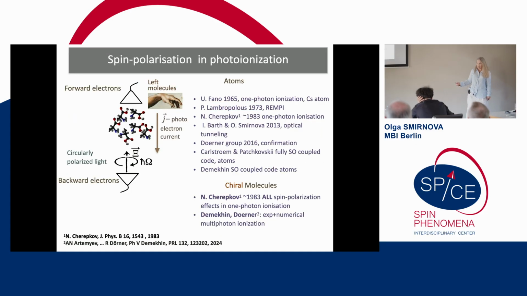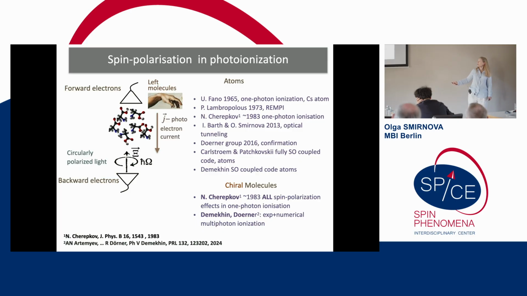Now, I'm entering the area of spin-resolved photoionization, and there is a lot of history to tell, and of course I will not go through absolutely everything. I will only mention the seminal work of Nikolai Cherepkov, who did absolutely all of spin polarization in one-photon ionization. The papers are very involved, and of course, because it's a Russian scientist and Russian papers, they have absolutely no details.